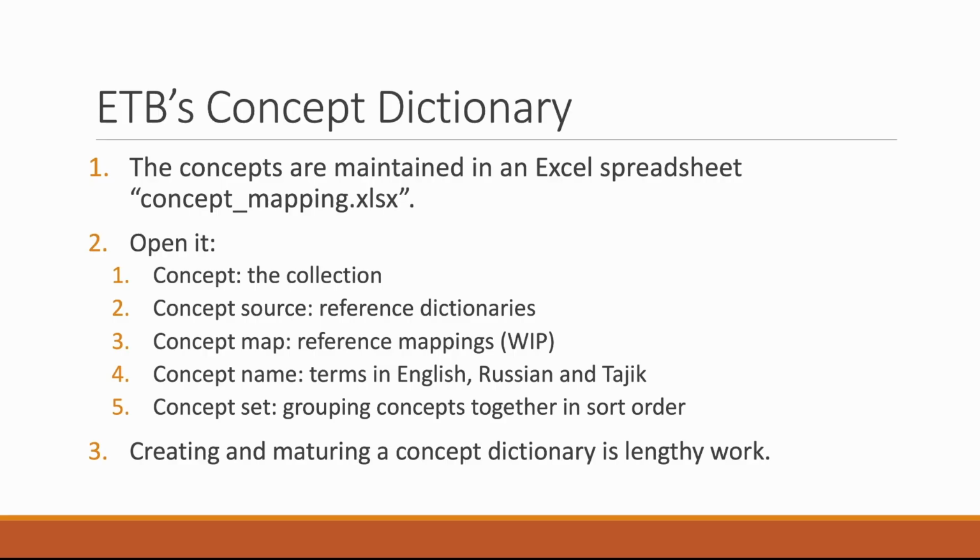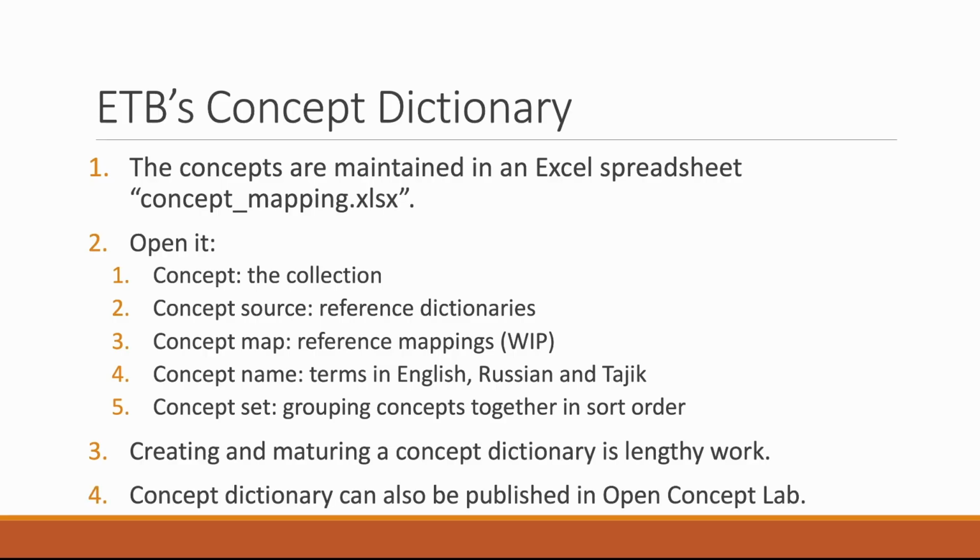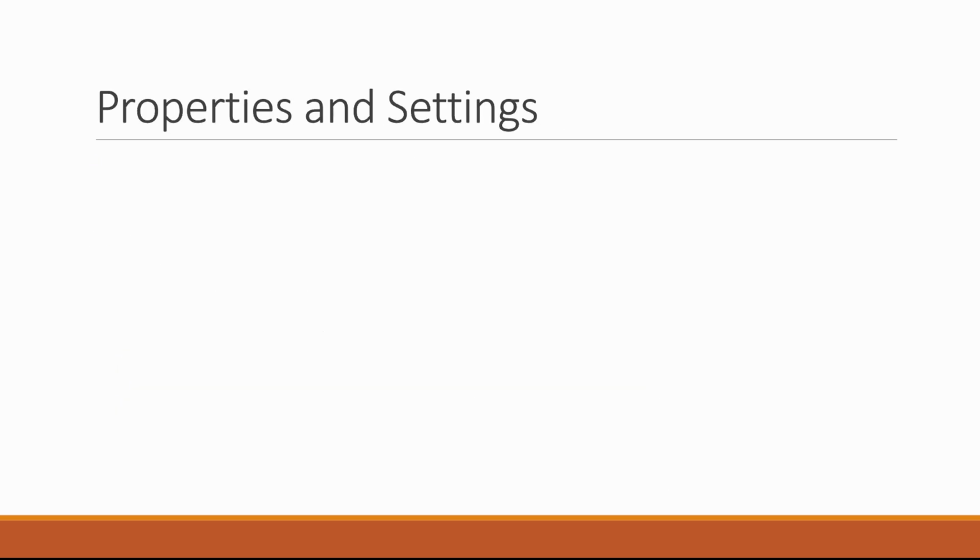Now, moving on from concepts, we will keep revisiting concepts, by the way. Next on our list is properties. So properties is basically settings, custom values, custom defaults which you provide OpenMRS to work with.